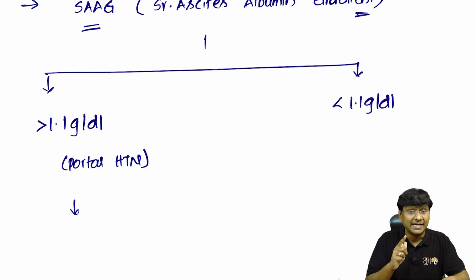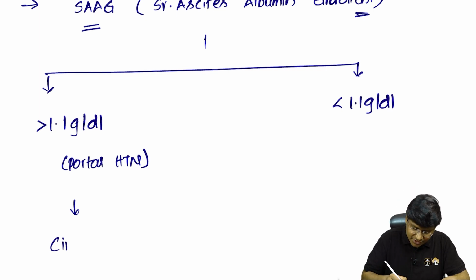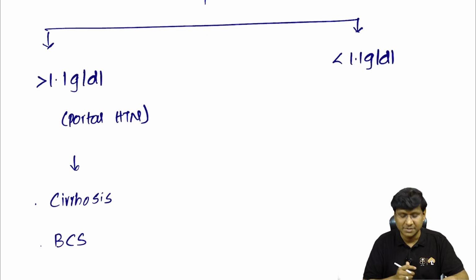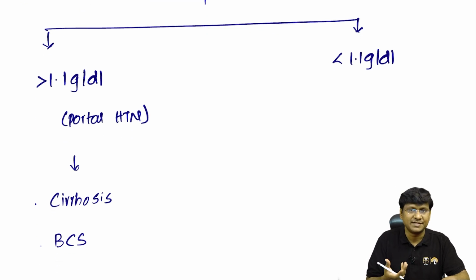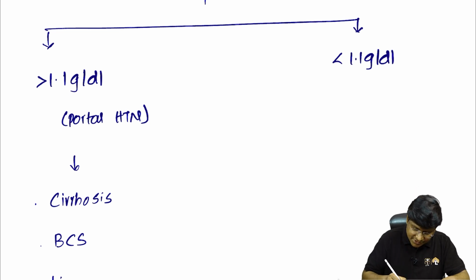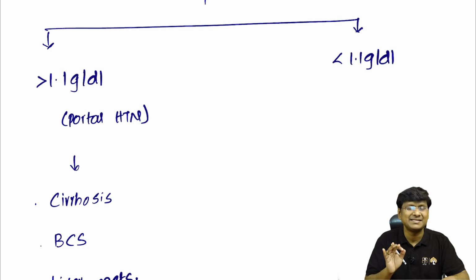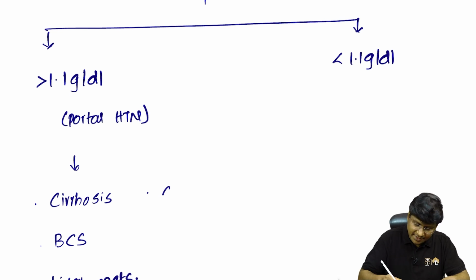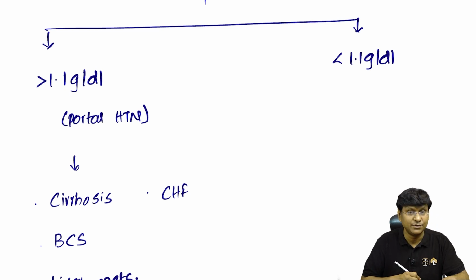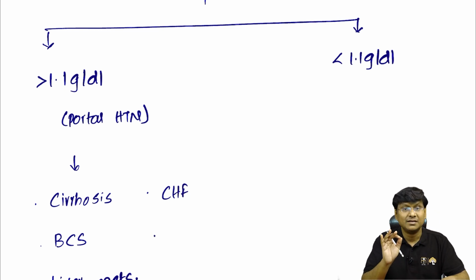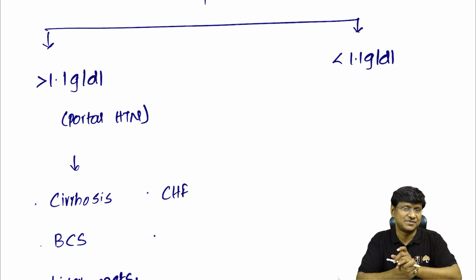All right, that is observed in a very important condition, that is the cirrhosis of liver, right? Then BCS. What do you mean by the word BCS? That is Budd-Chiari syndrome. Now, in case of Budd-Chiari syndrome, what exactly happens? It is the hepatic vein thrombosis. Okay. Then the other conditions, wherever there is liver metastasis, where massive liver mets, then in patients with congestive heart failure, in patients with sinusoidal obstruction.